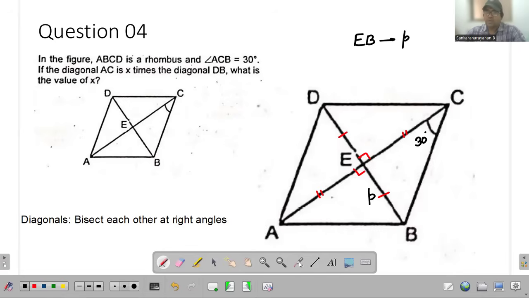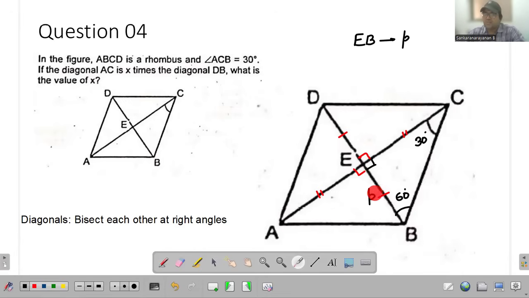Got it? So, I can say for sure that whatever comes opposite to 30, as this angle, it corresponds to this 90 degrees. I can say for sure that this angle has to be 60 degrees. So don't you see that this is actually a 30, 60, 90 scenario?